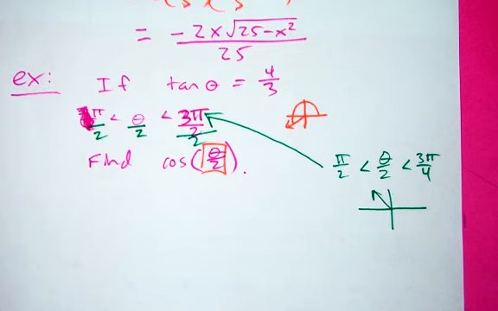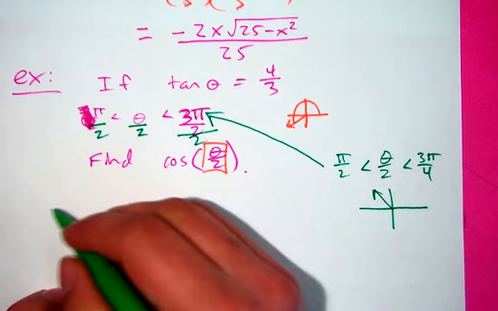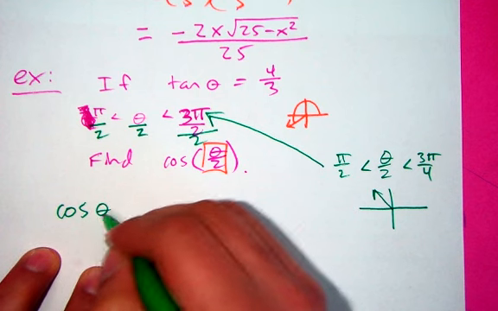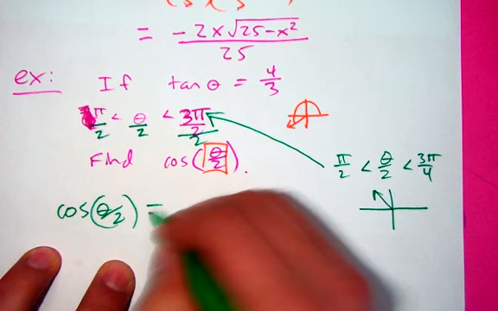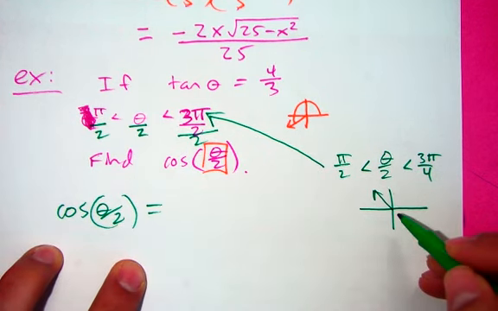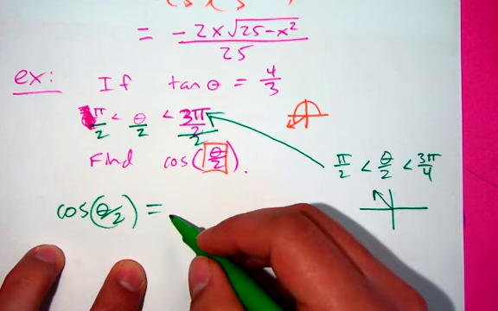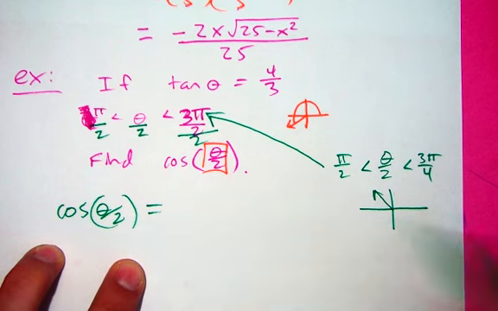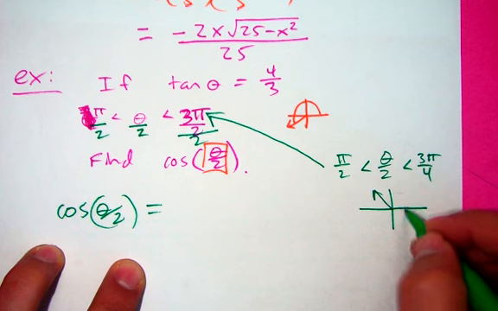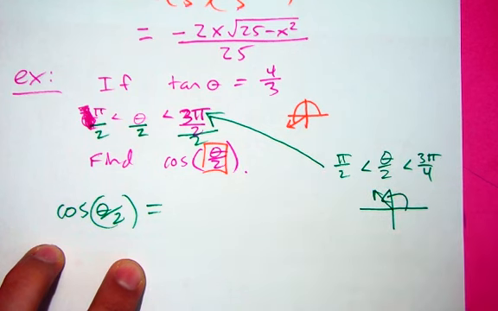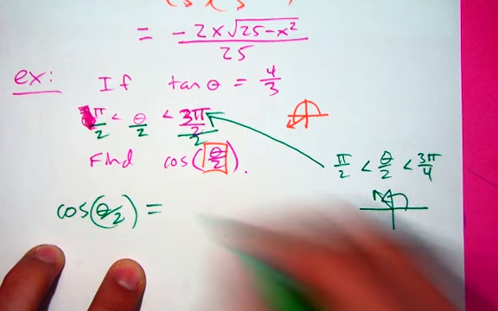Now we use the formula. So cosine of theta over 2 is, and this is why I did all this, we pick one or the other. We don't want plus or minus. We have to make a decision. Theta over 2 was in quadrant 2, right? So cosine should be negative.